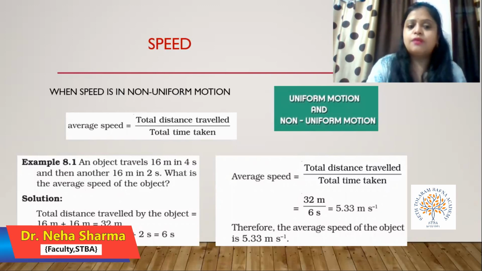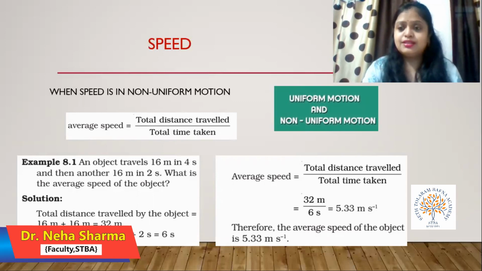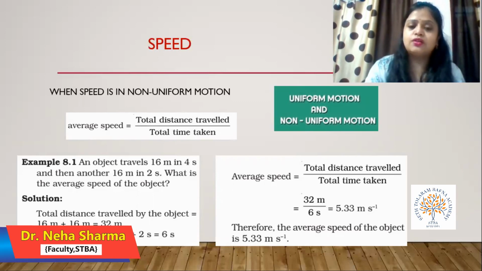Some object travels 16 meters in 4 seconds and another 16 meters in 2 seconds. This means the object travels 16 meters, and the first time it takes 4 seconds and the second time it takes 2 seconds. So this is a non-uniform type of motion.